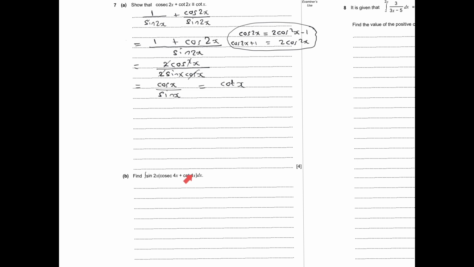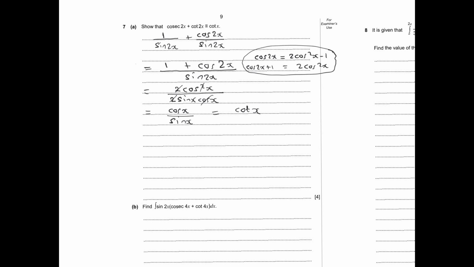Now if we look at this part here, what is inside the bracket, because we are to integrate the integral of sine 2x in brackets cosec 4x plus cot 4x brackets dx, that which is inside the bracket, you can actually relate to what we are having here.